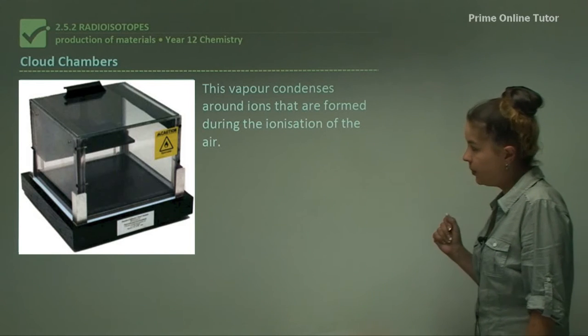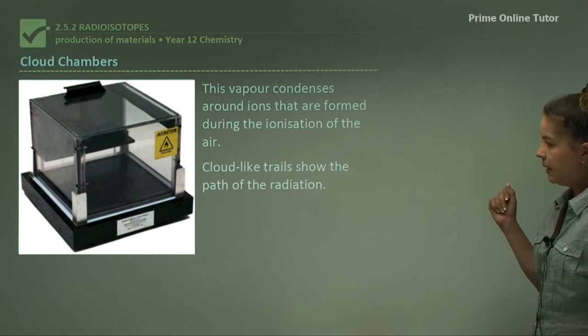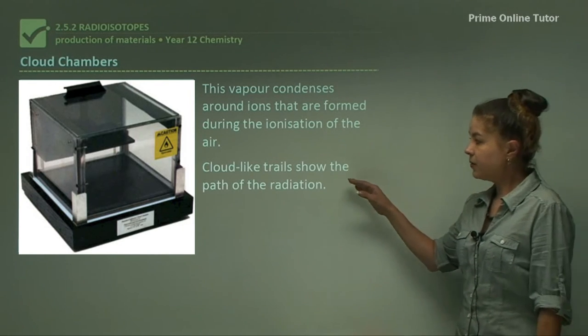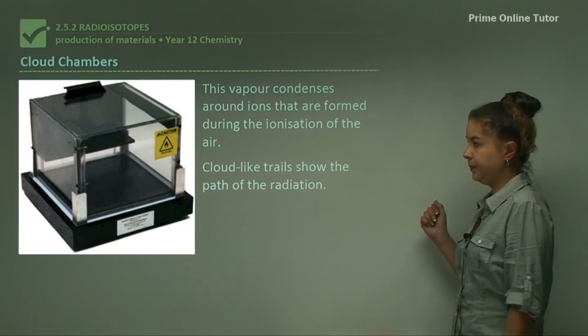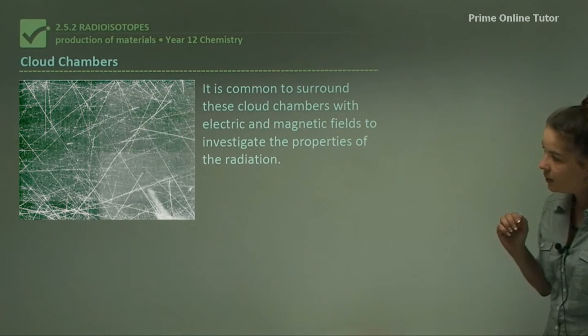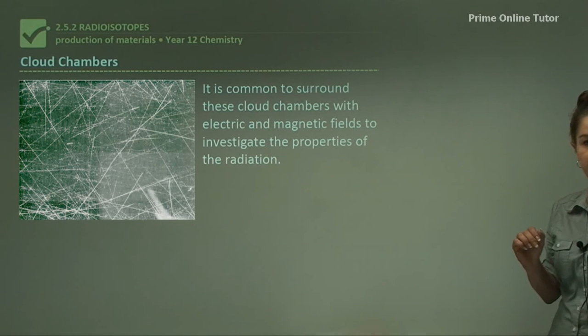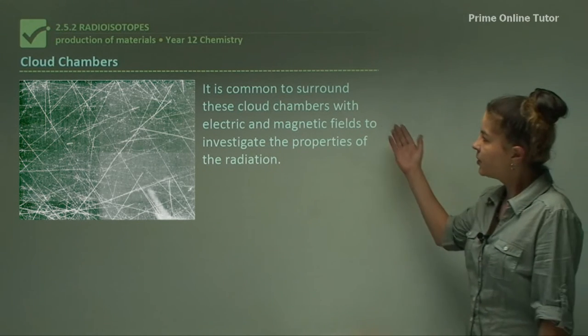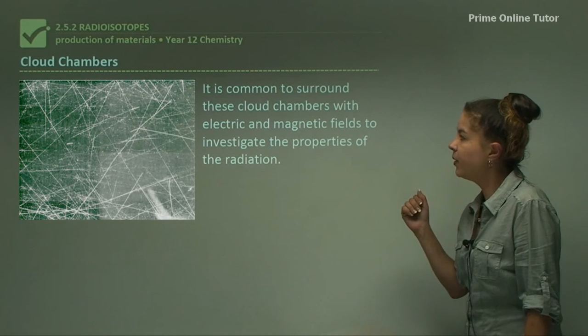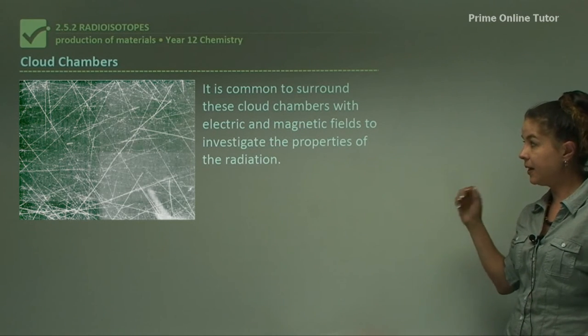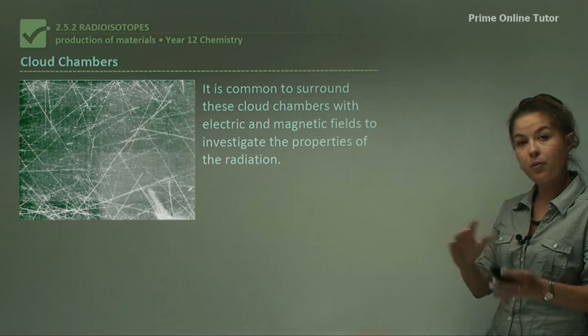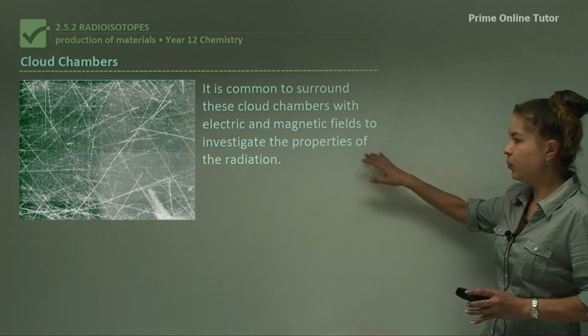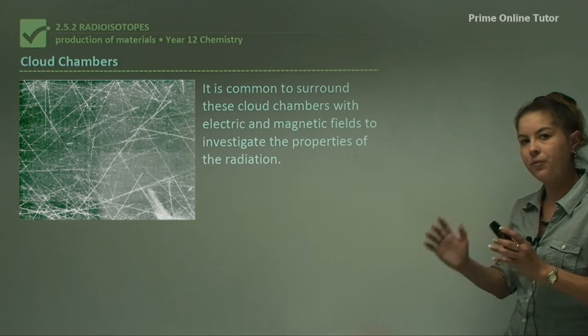And you can actually get a picture of this, and it forms cloud-like trails showing the path of the radiation. So there's our picture, which looks like a bit of a scratched window, but that's actually showing the radiation of alpha particle decay. It is common to surround these cloud chambers with electric and magnetic fields to investigate the properties of radiation. So this is more getting into your nuclear physics research area.